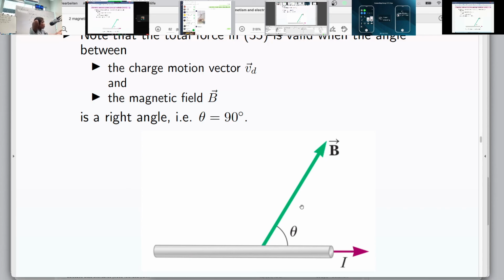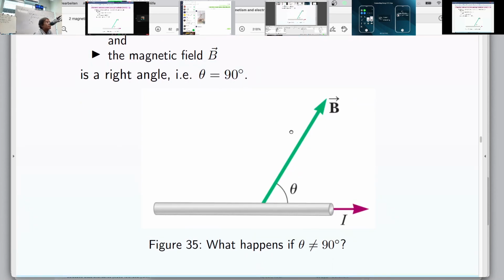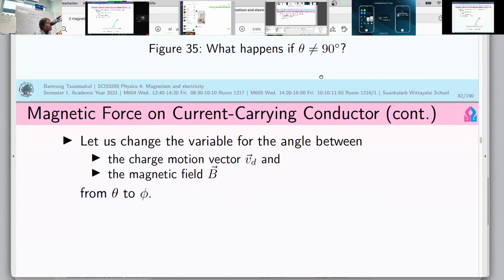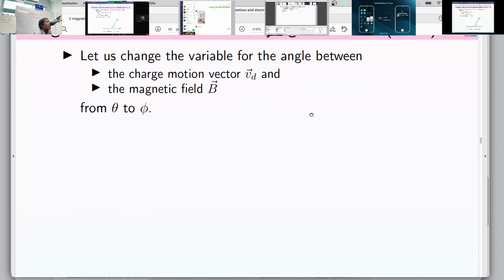So what could we do then? You just derive it. You just start the same way you made the analysis for the right angle situation.